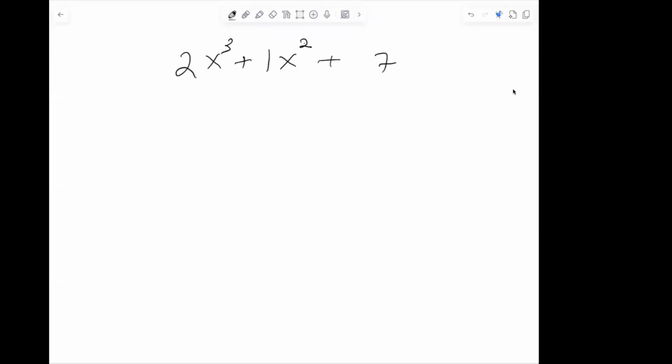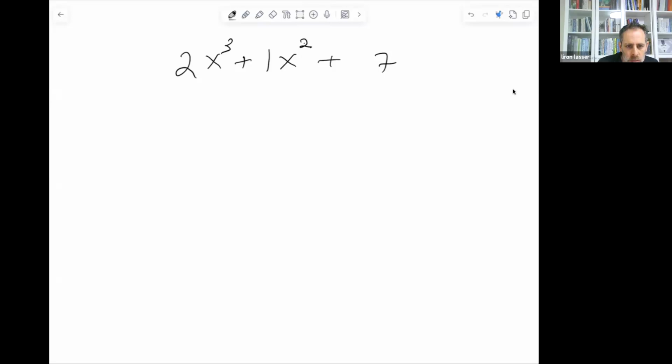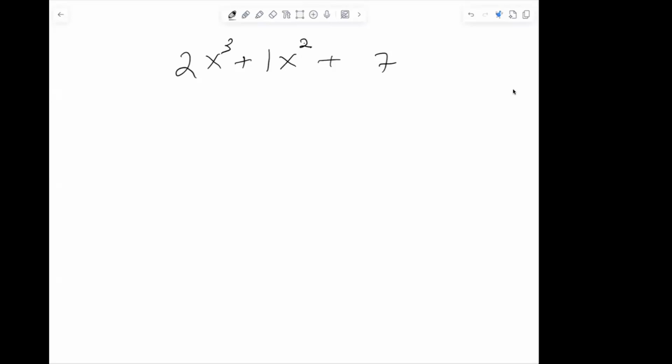Okay? Can anybody think of an idea of how I can represent this polynomial as a vector? Let's think, look at this polynomial or any polynomial, and let's try to think of a clever way to represent it as a vector. Maybe 2, 1, 0, 7. Beautiful, beautiful. So let's look at the vector for a minute.